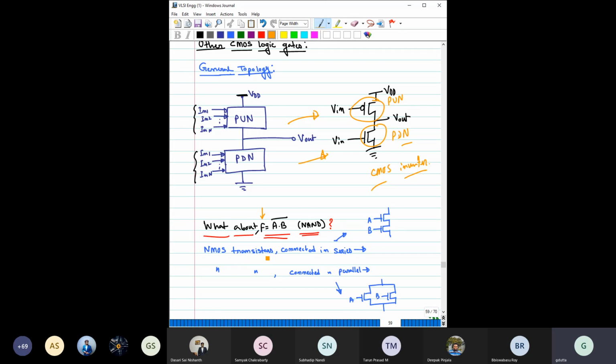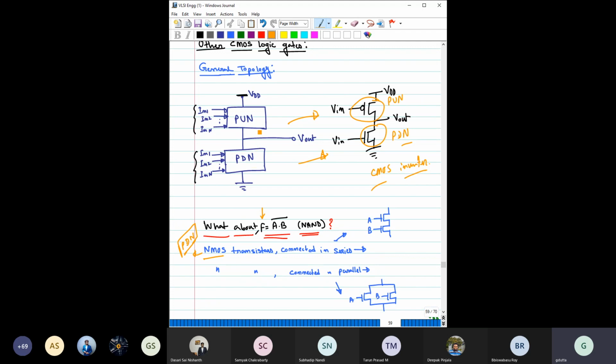When these two NMOS are connected in series, we have also discussed that you have to use NMOS as a pull down network only. PMOS cannot be used as a pull down network, because if you use PMOS as a pull down network, the minimum output will be limited by the threshold voltage of this PMOS.